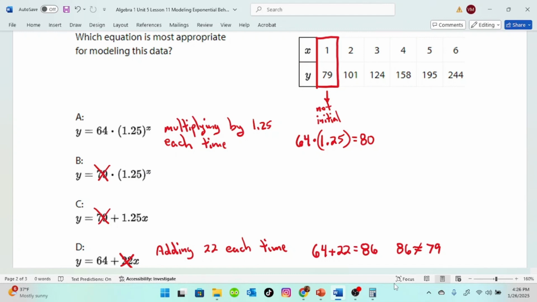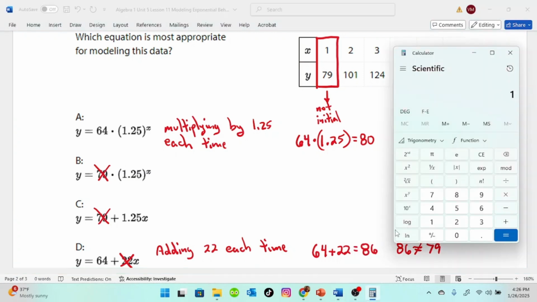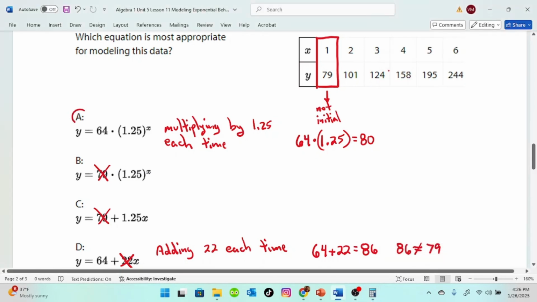What if we tried it again? What if we said 1.25 squared times 64? Well, that would put us at 100, and the table said we'd be at 101. Again, we're only one off.